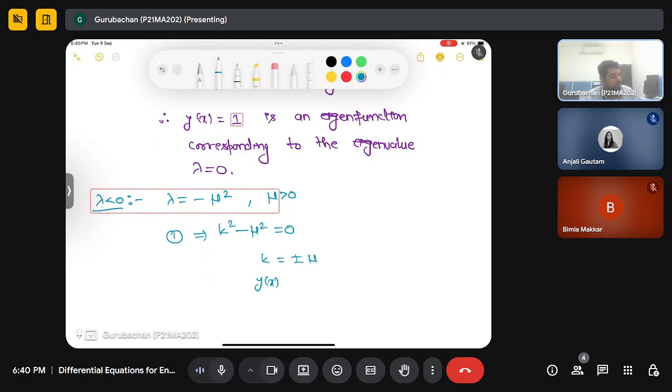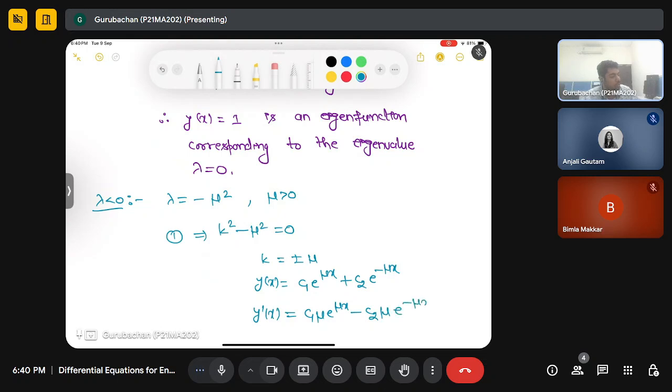Again, the general solution will be y(x) equal to c1 e to the power mu x plus c2 e to the power minus mu x. Since you need the derivative, you will differentiate: c1 mu e to the power mu x minus c2 mu e to the power minus mu x.